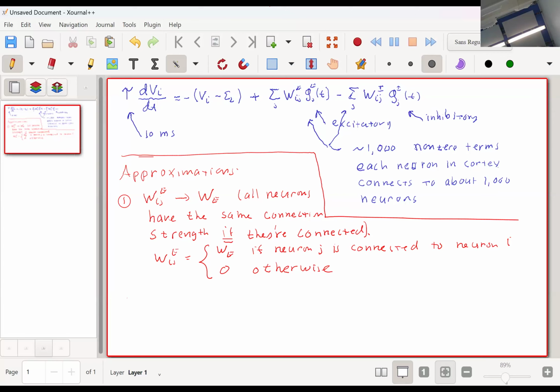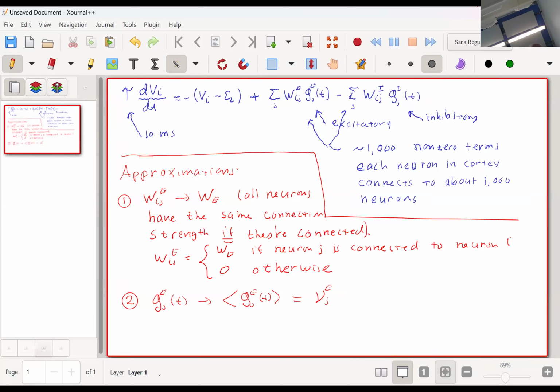And the other approximation we're going to make for now, again temporary, is that we're going to replace g_j^E of t, and of course this goes for E and I, with the time average of g_j^E of t, and that is just the firing rate of neuron j, the excitatory firing rate.